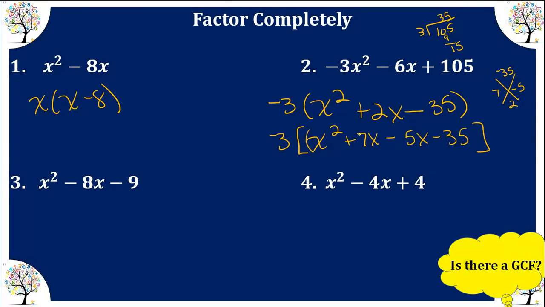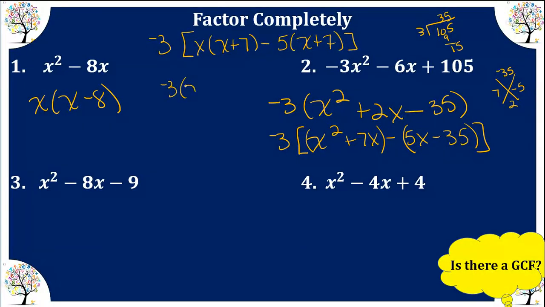I'm going to group and group, and then I'm going to come up here where I have more room. I have -3 as my GCF. I'm going to factor out x, then I have x plus 7 minus, and then I have 5 and x plus 7. I end up with -3 times x minus 5 times x plus 7. Those are my 3 factors.